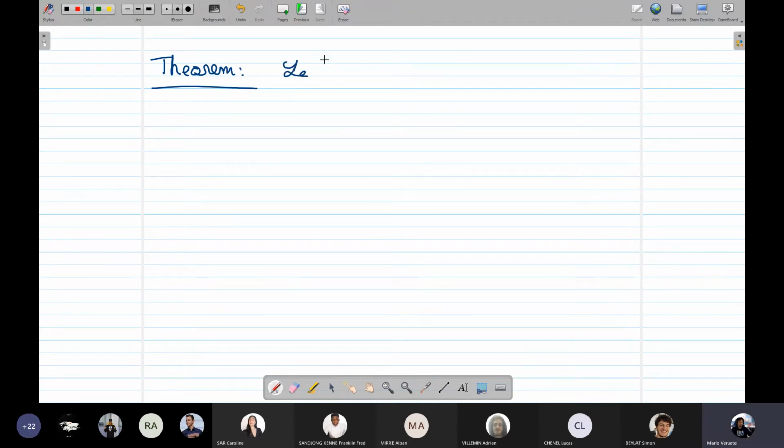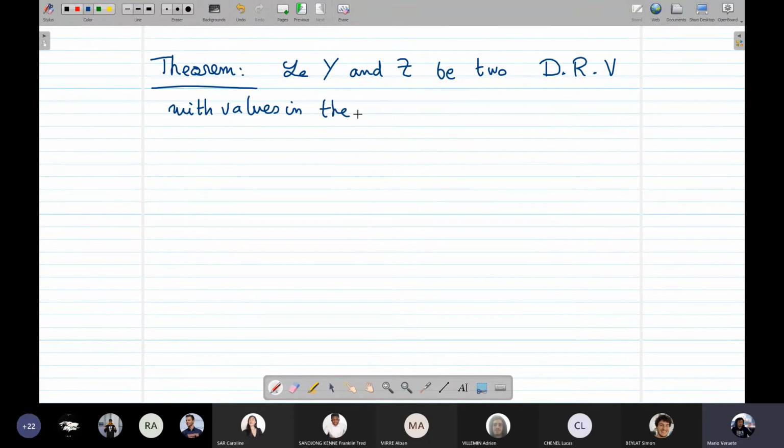Let Y and Z be two discrete random variables with values in the countable sets F and G.